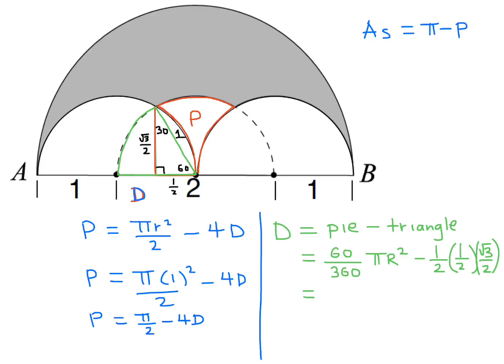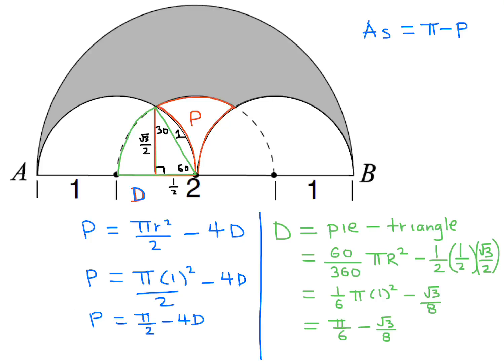R is 1. So this leaves me with 1 over 6 pi 1 squared. And this is √3 over 8. And this basically just becomes pi over 6 minus √3 over 8.